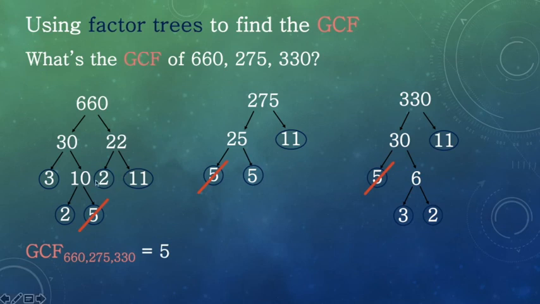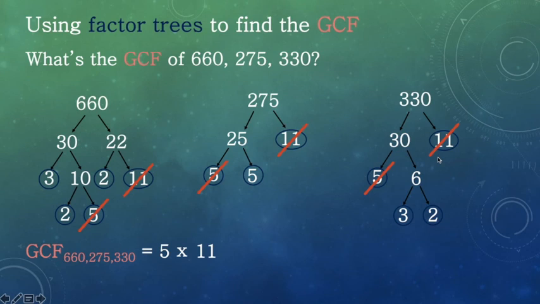Again, a 2, can't use it in this one, so we leave it alone. Let's look at 11, our last one. We have 11 here, an 11 here, and an 11 here. So it is common on all three trees. Let's cross it out and let's write it into our calculation. So we've gone through all the prime numbers here. It doesn't matter if there's a 5 here we didn't look at, because automatically we know this one doesn't have any more 5s, and we know this one also doesn't have any more 5s.